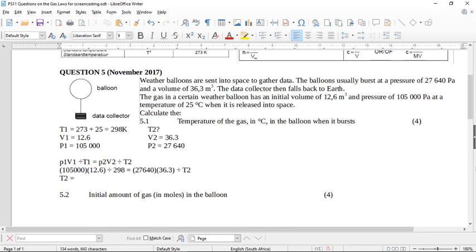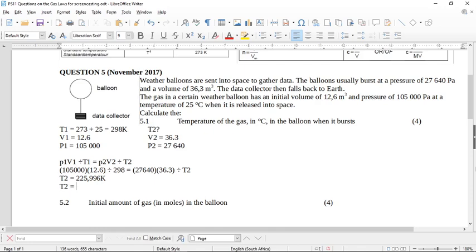I get a rather large number, which means I've done something wrong. Let me try it again. Okay, let me have a look here. I think it's supposed to be something like 225,996. Okay, and this is going to be in Kelvin. So 225,996 is going to work out as 226 Kelvin.